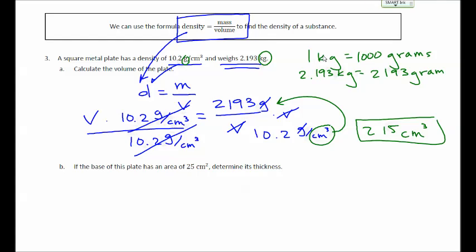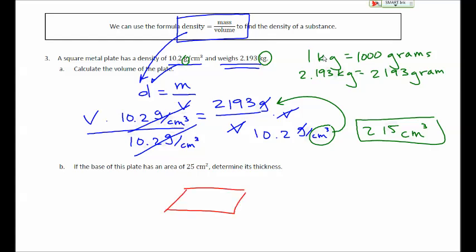That means there are 215 1 centimeter by 1 centimeter by 1 centimeter cubes that fill this square metal plate.